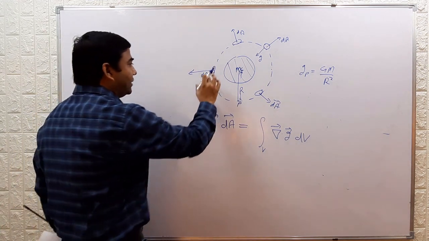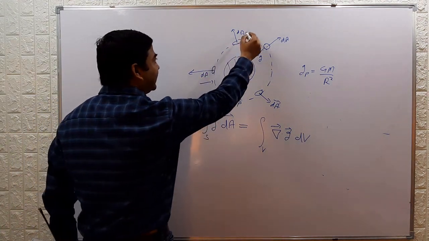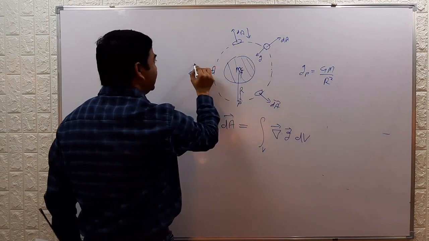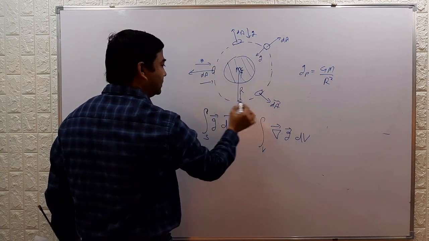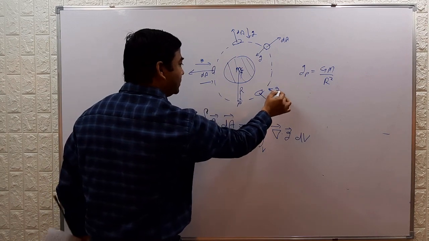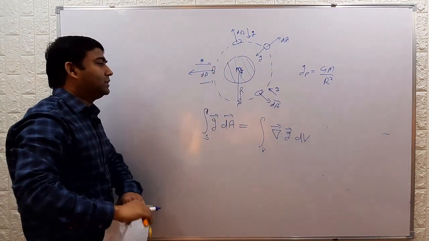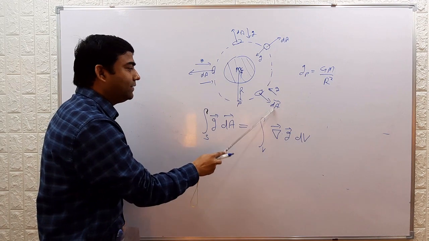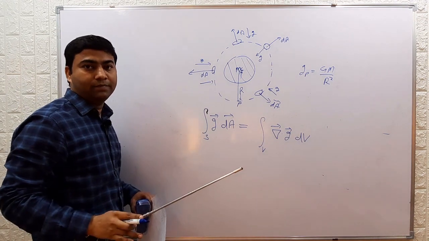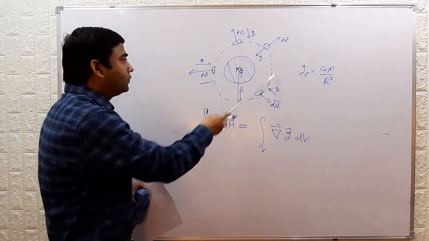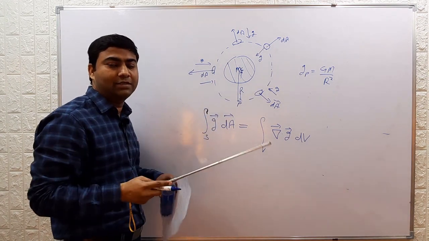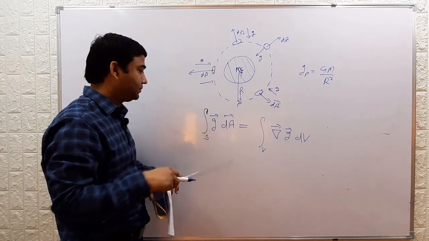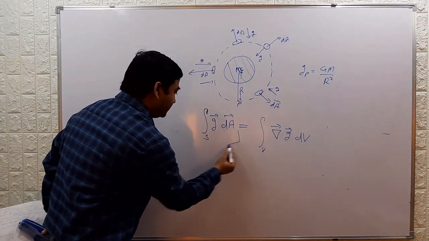So at every point, this is the direction of G and this is the direction of dA. At all points on this sphere, the gravitational field and vector dA are in opposite directions, so the total flux will be negative.